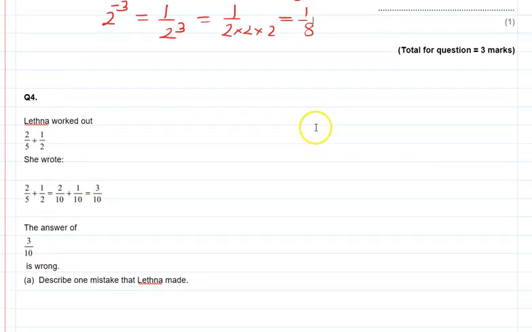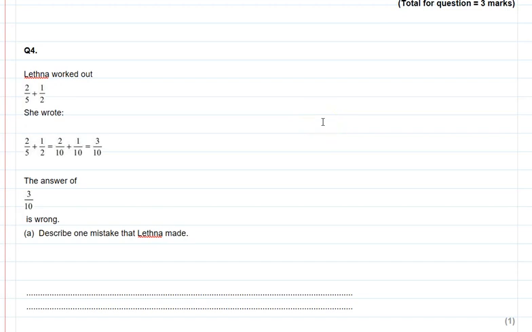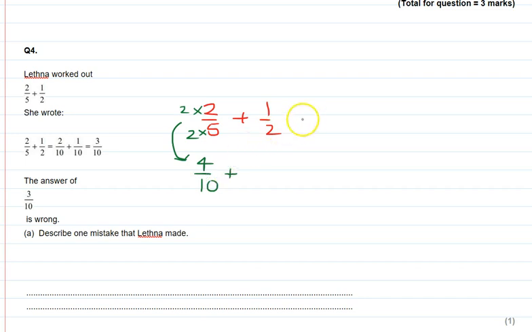Next question here. Let's work out 2 over 5 plus 1 over 2, and she wrote 3 over 10. So let's write down 2 over 5 plus 1 over 2. If you multiply by 2 here, and multiply by 2 here, this fraction will be 4 over 10, and here if you multiply by 5 and 5, it will be 5 over 10.